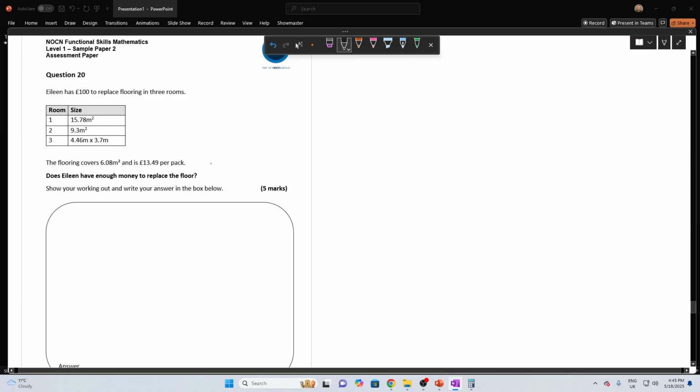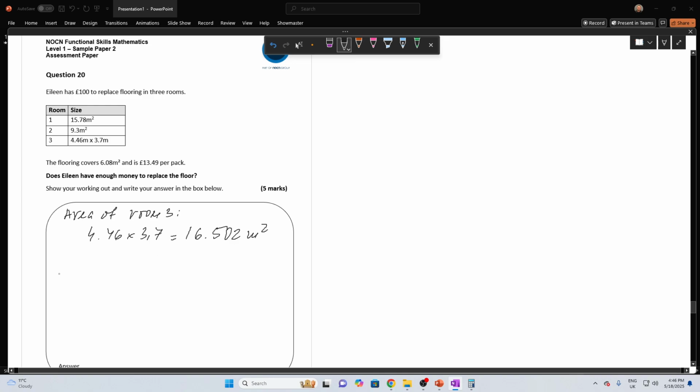So first we need to find the area. So how are we going to find the area? We have the area of room 1, we have the area of room 2, but we need to find the area of room 3. How am I going to find that? I multiply 4.46 by 3.7, and this is going to be 16.502 meters square.